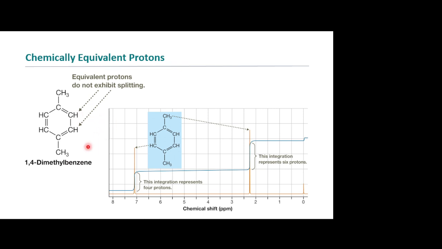Did you catch that I was using the same terminology as before? Chemically equivalent, the same, symmetric protons. You may recognize this from our previous figure, where we talked about 4 protons here, 6 protons there, and the integral. And you saw that it didn't really have any width to these things.